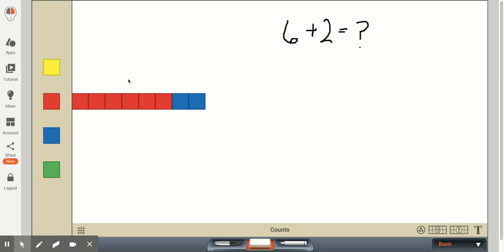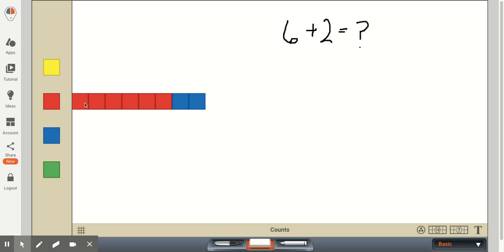They're counting them all. But the next progression that the students will have is they will see that there's 6 red. What we want our students to know is when they count a set of objects, when they count that final item in the set, that represents the total.